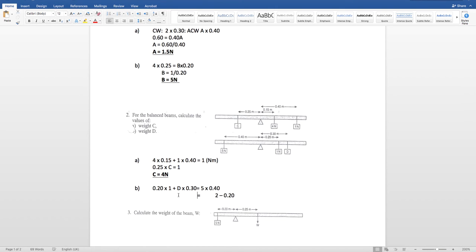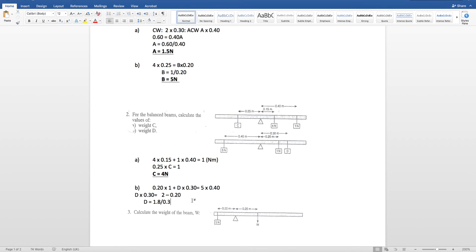That is D times 0.3. So D times 0.3 equals 2 minus 0.2, which is 1.8. 1.8 divided by 0.3, which is 6.